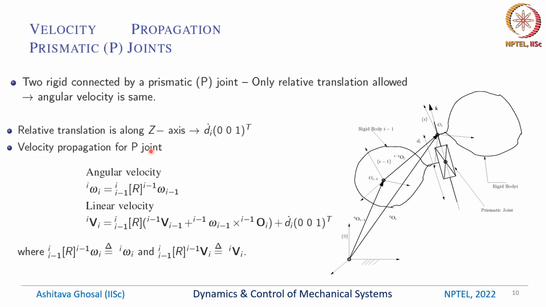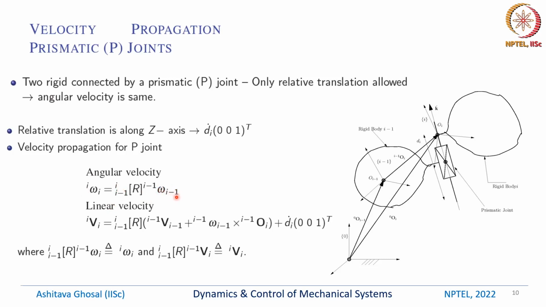And what is the velocity propagation for the prismatic joint? As I said, the angular velocities are the same. So the angular velocity of I minus 1 is the same as the angular velocity of I. And again, we rewrite in this form that I omega I is nothing but I minus 1 omega I minus 1.